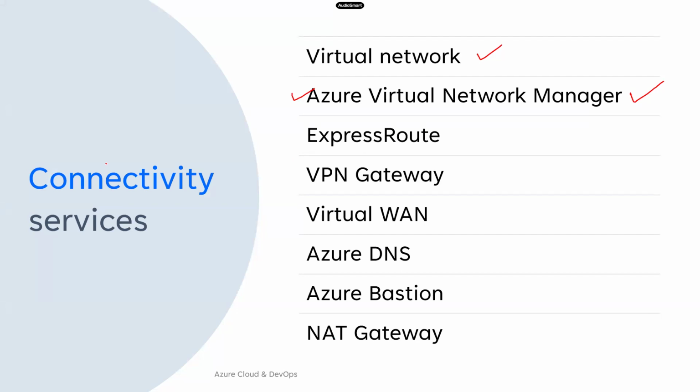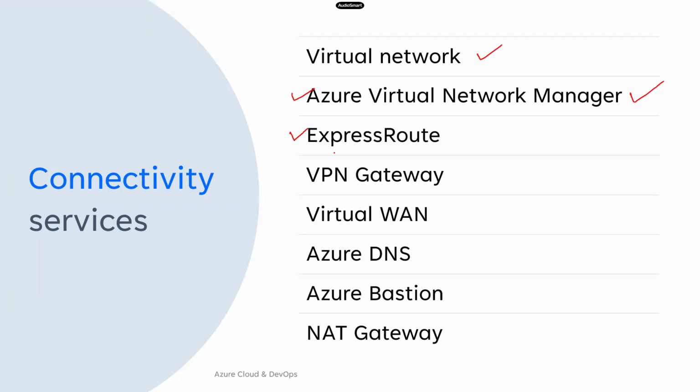So Azure Virtual Network is something where, as I said, we can manage the network as a group. And ExpressRoute is mainly for connectivity to our on-premises as well. For example, we have an office in New York or somewhere, and we have some resources deployed in Azure.